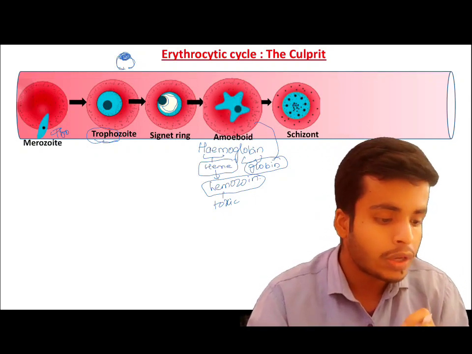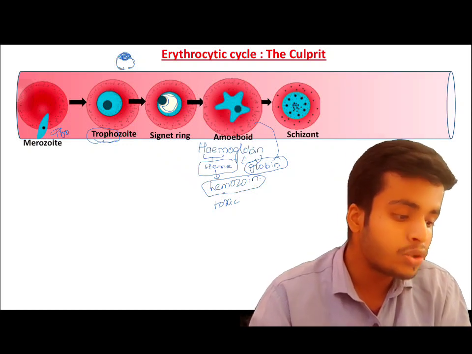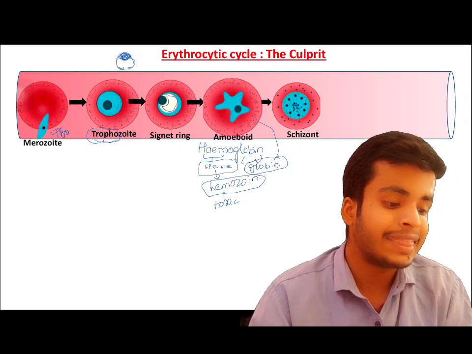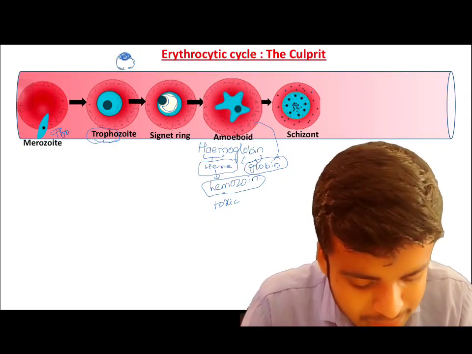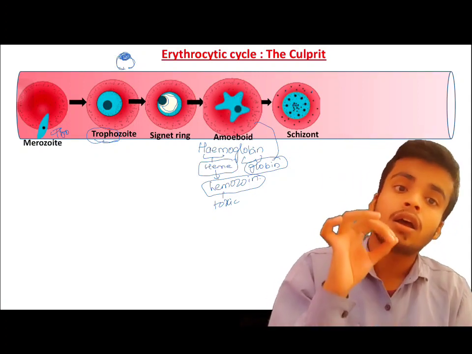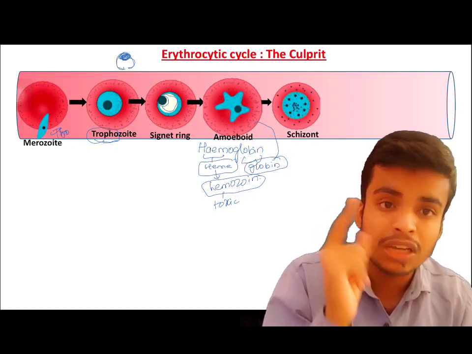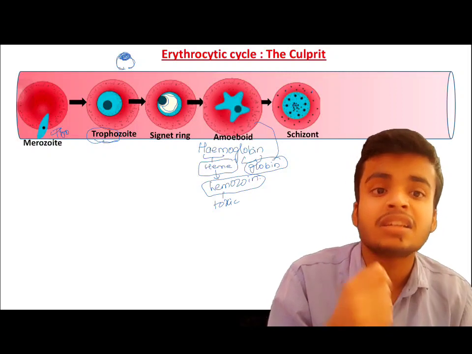The next stage is called the Schizont stage, in which the RBC becomes paler and larger. It shows a number of granules. These granules, in case of Plasmodium vivax, are called Schüffner's dots. In case of Plasmodium falciparum, Maurer's dots. In case of Plasmodium malariae, Ziemann's dots.